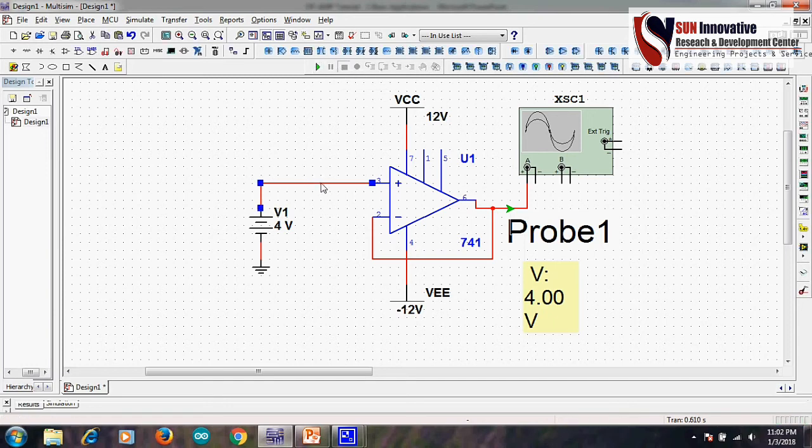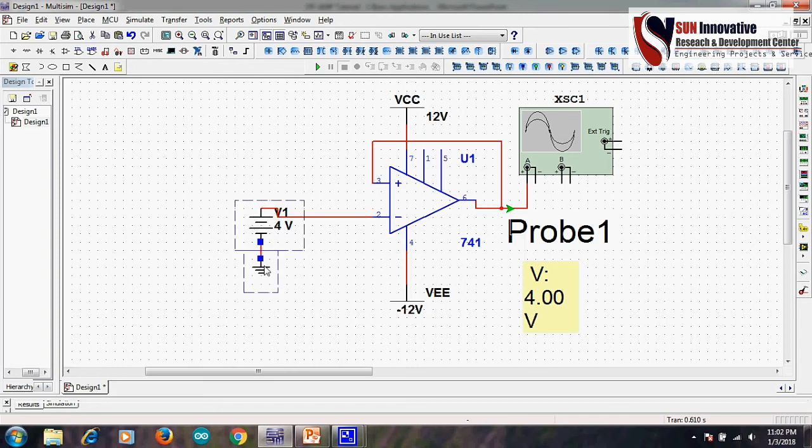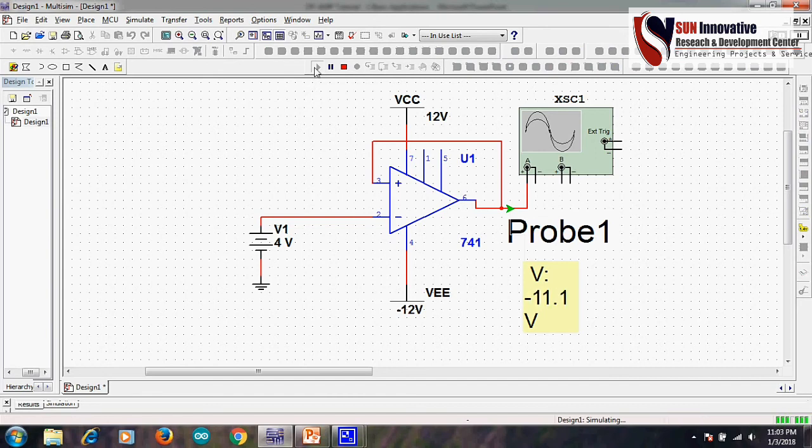Now for example, we change the interconnection of the op amp. Positive is the feedback and negative is connected to the supply of the signal, so it will work as an inverting amplifier as a unity op amp. So the output voltage must be -4. Let's run the simulation.